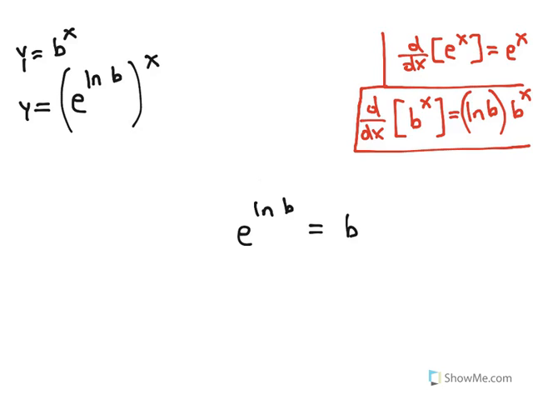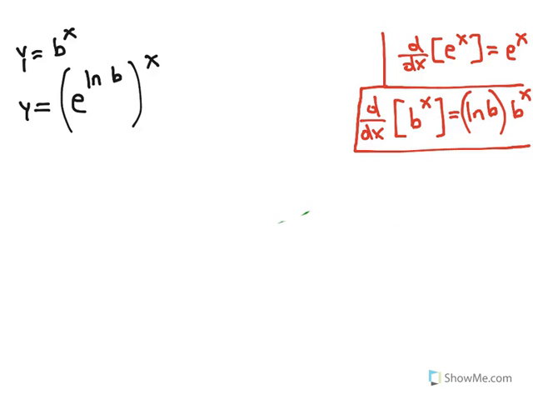You can also understand why this must be true, thinking in terms of the definition of the logarithm. If you look here, this means the power to which the base e must be raised to get b. And if you raise e to that power to which it must be raised to get b, you will get b. Remember, a logarithm is an exponent, so here you're raising e to the power to which e must be raised to get b, so you'll get b.